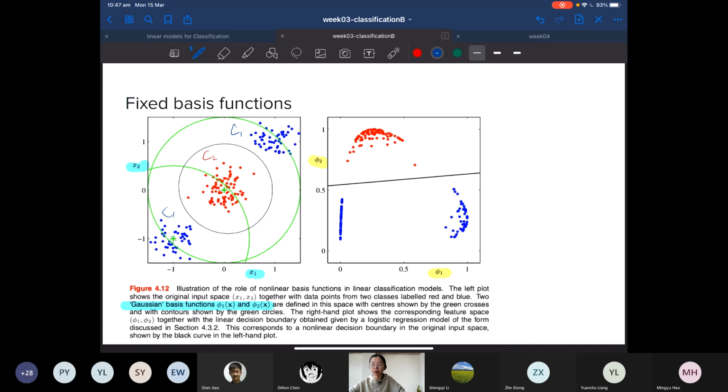There's also a catch for that we will cover later. In other words, we can learn a nonlinear decision boundary in the original input space. And here, the black curve transformed back to the original space is this circle.